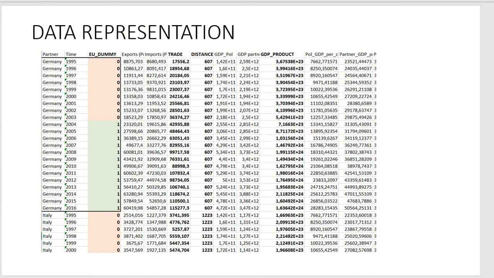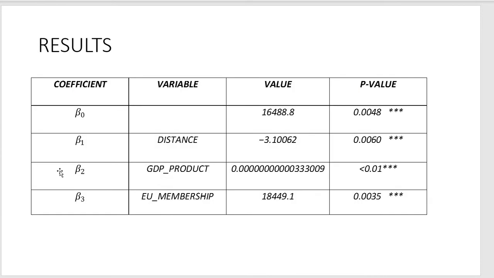Here is my result. I will share the data so you can do the same estimation in Gretl. The value of the constant is positive, because here is beta 0, it's the constant. The distance variable has a negative coefficient, which makes sense because we assume that bigger geographical distance between two countries diminishes the volume of bilateral trade between these two countries.